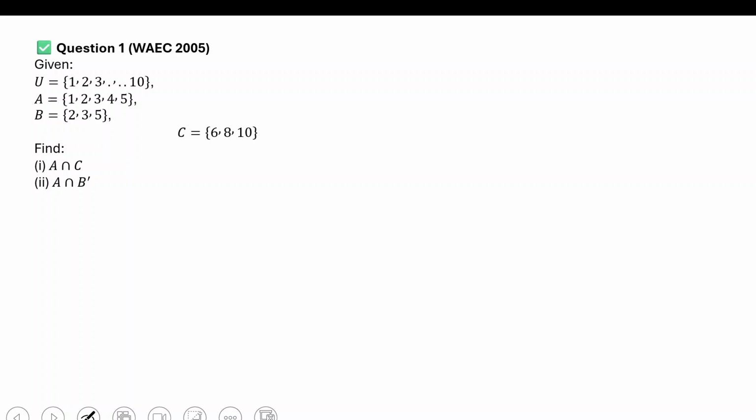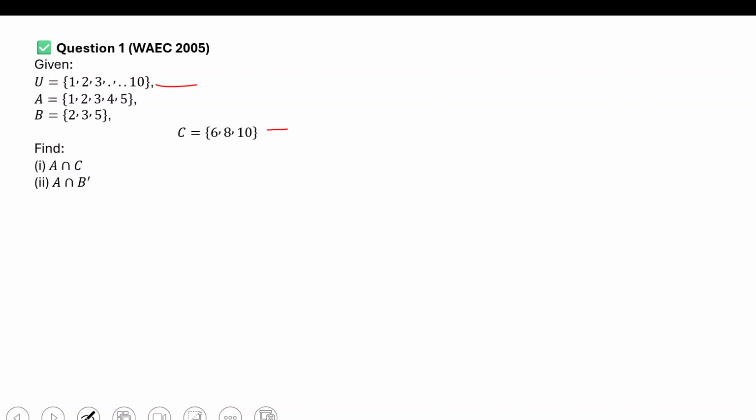So in between 3 and 10, there is 4, 5, 6, 7, 8, 9. That is the universal set. And A is given as 1, 2, 3, 4, 5. That's set A. And set B is given as 2, 3, and 5. Set C is given as 6, 8, and 10.